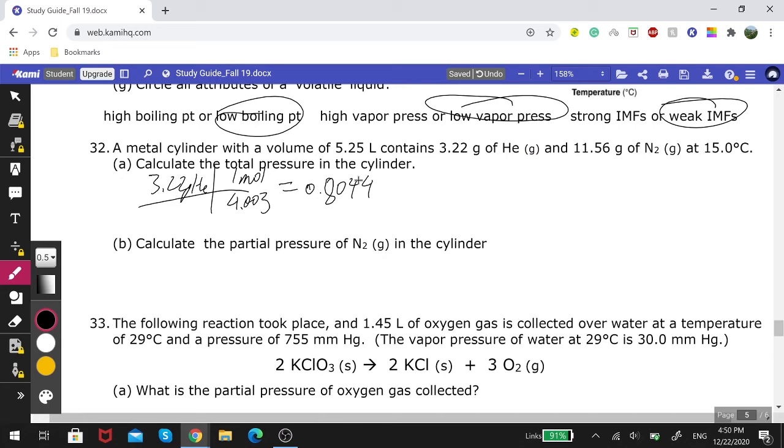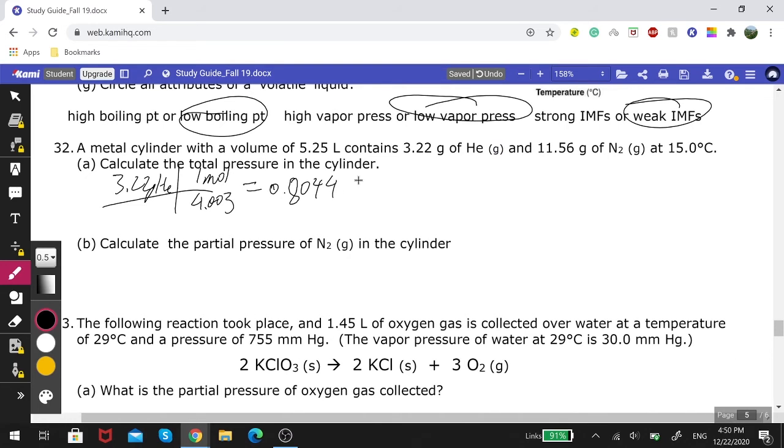Next, we have 11.56 grams of N2. And 1 mole of N2 is 28.02. 11.56 divided by 28.02 gives us 0.41256.